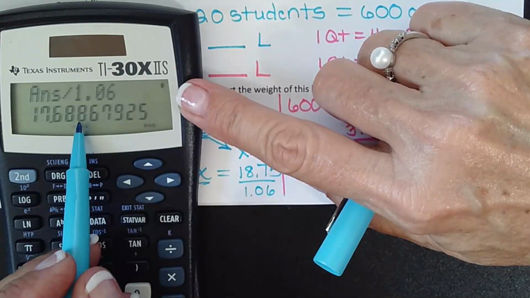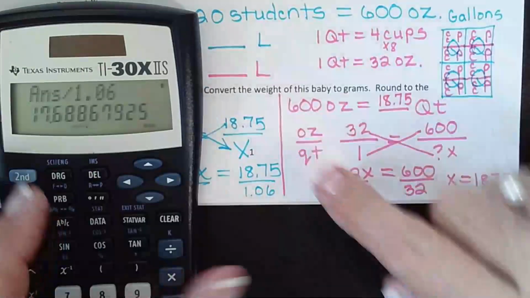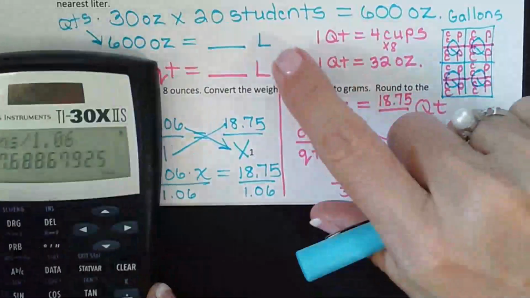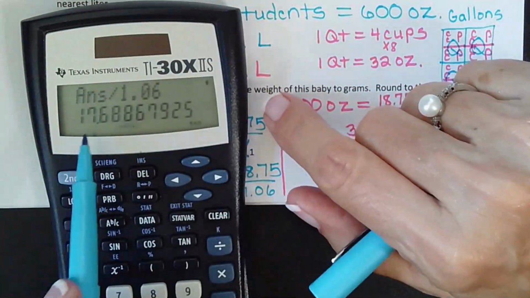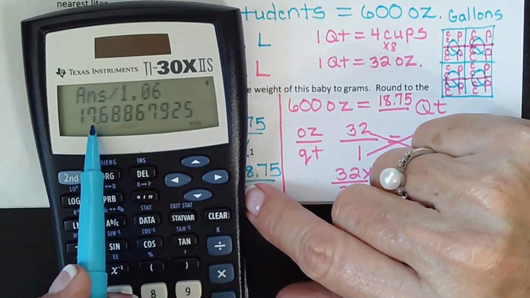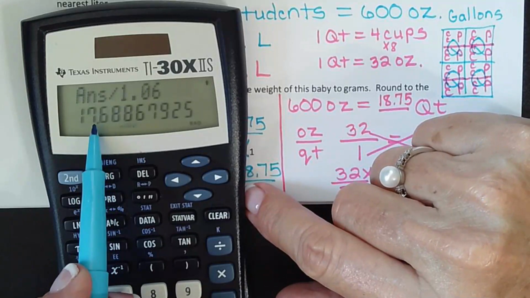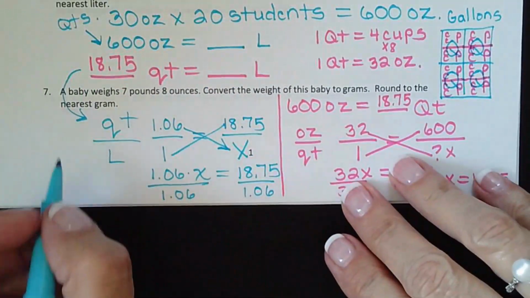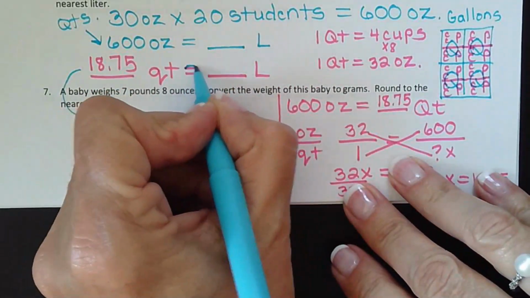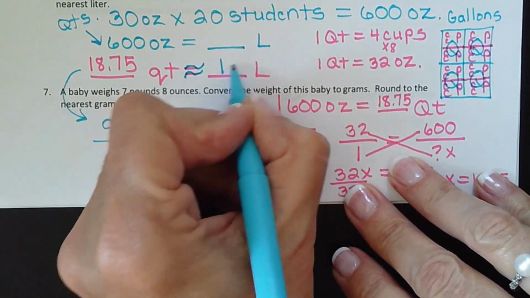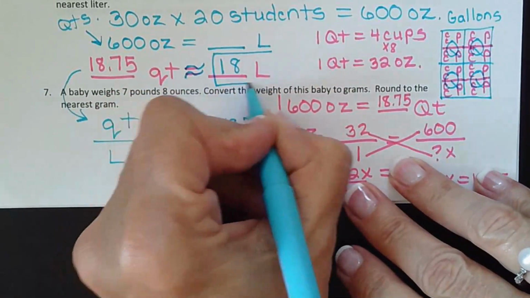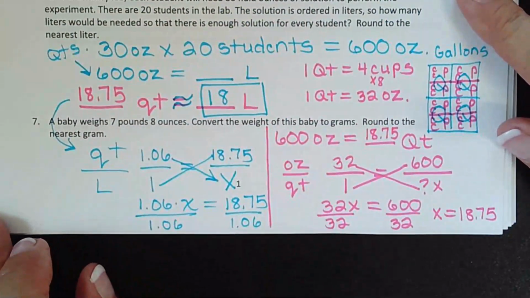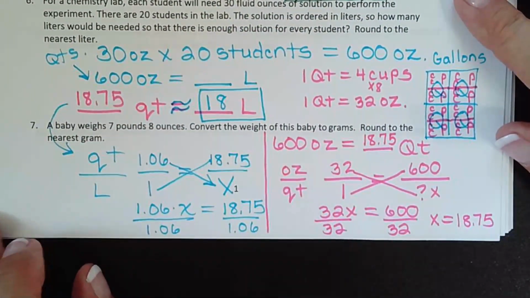So 17.689. Actually, this one says round to the nearest liter. 17 liters followed by a 6 means make it 18 liters. So we would say approximately 18 liters. That's rounding up to the nearest liter because the solution is only sold in liters, evidently.